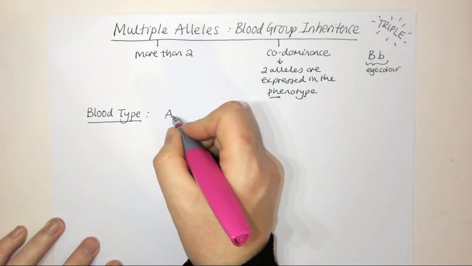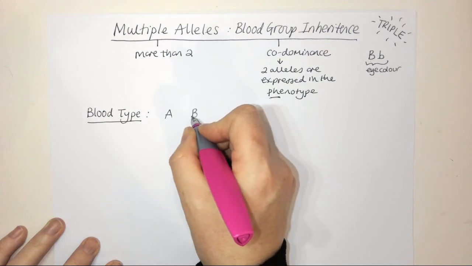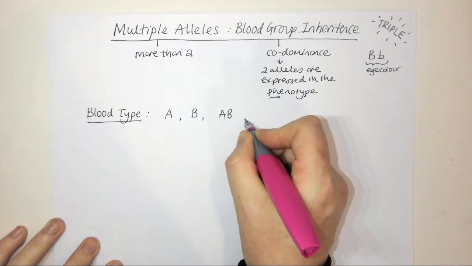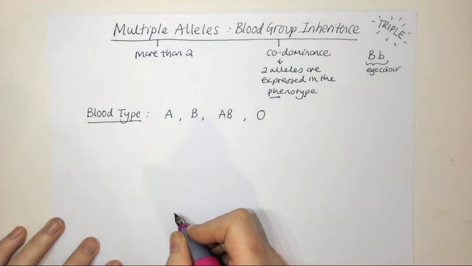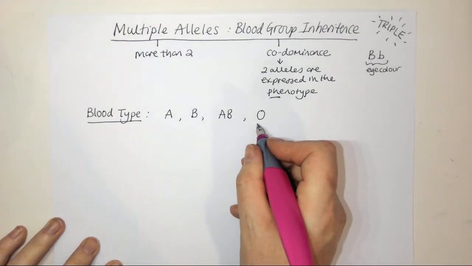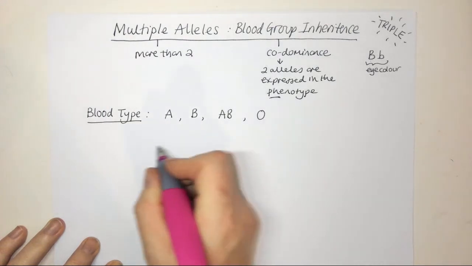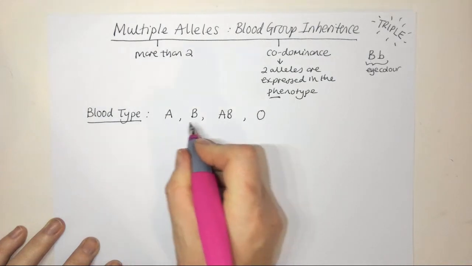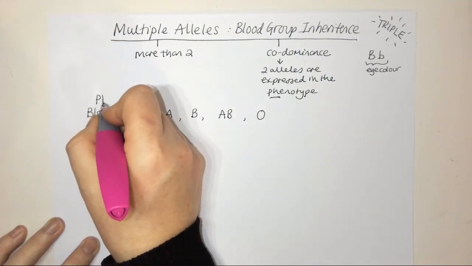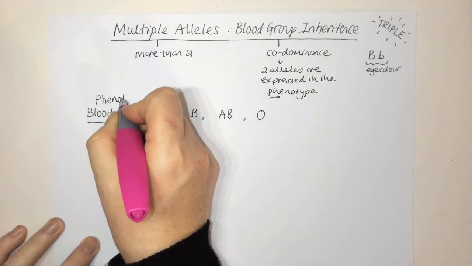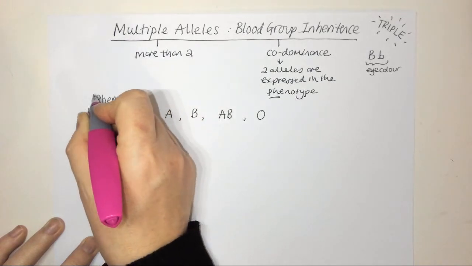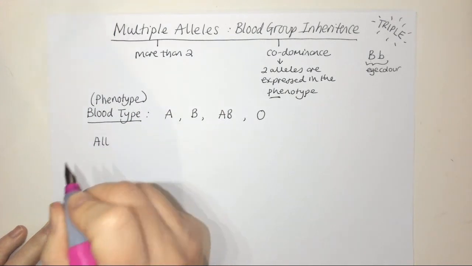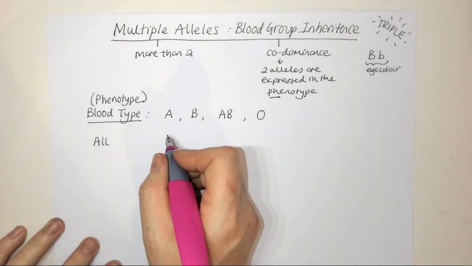We have A, B, AB, and O. And the alleles will determine which blood type you have. So the blood type is actually the phenotype, the outcome. And the alleles responsible could be in different combinations in different genotypes.